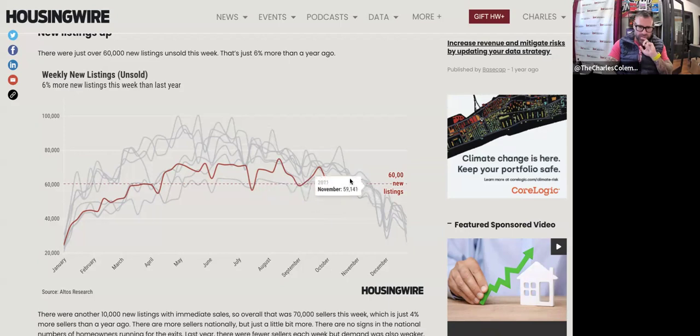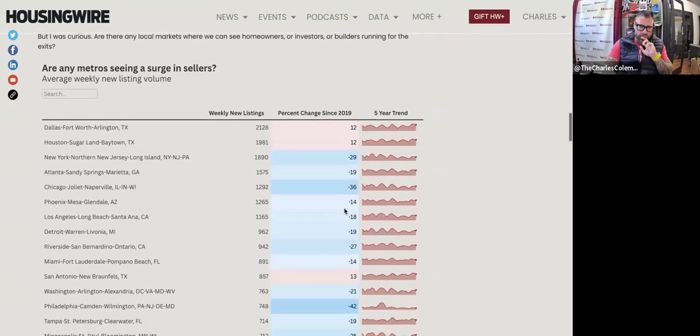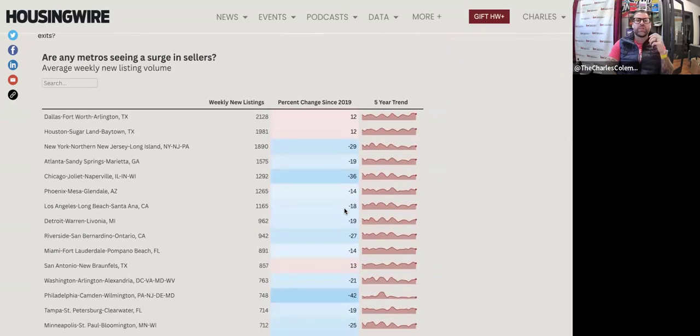Well, if we were to look at this thing, here's 2024, like we are right in this middle area of things that's going on for November. And when we jump into it a little bit deeper, here are the metros seeing a surge in sellers. So these are listed properties. What's interesting is we're basing this off of 2019 data. All right.